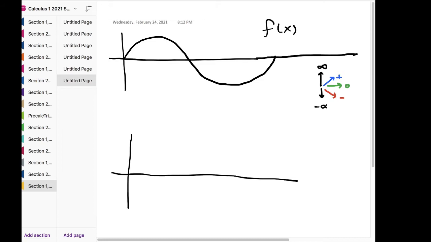Yeah, this looks like sine. So what we draw will probably be what the derivative looks like. Okay, let's start off. What is the derivative there?